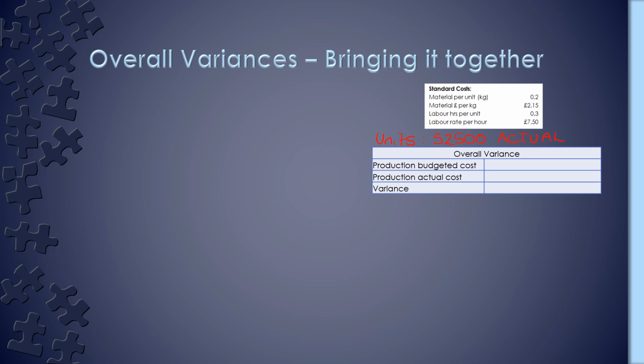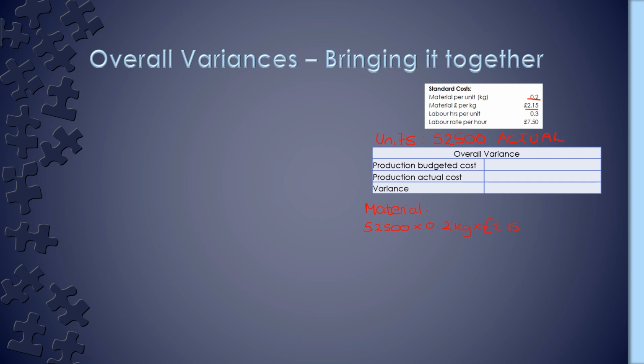So first of all, for our material, for our actual production, 52,500 units, we're going to multiply that by the amount of material we should have used, and also by the price per kilo.